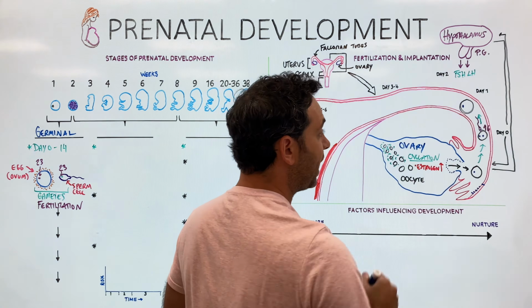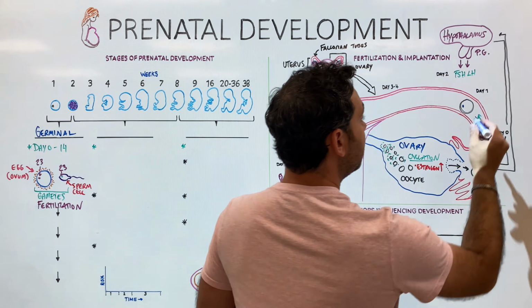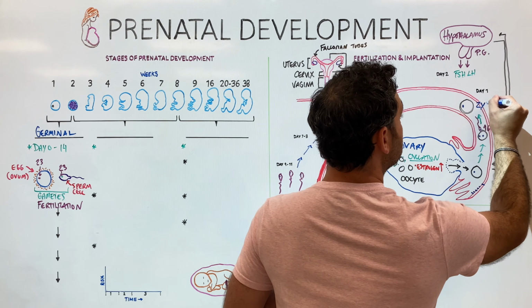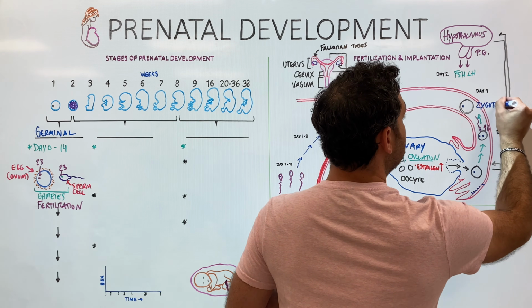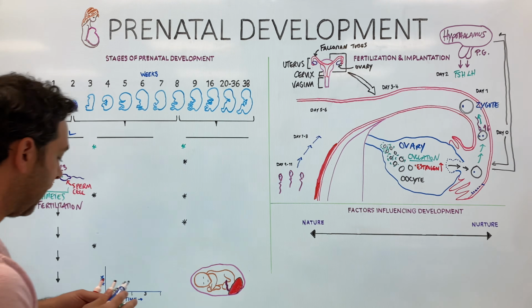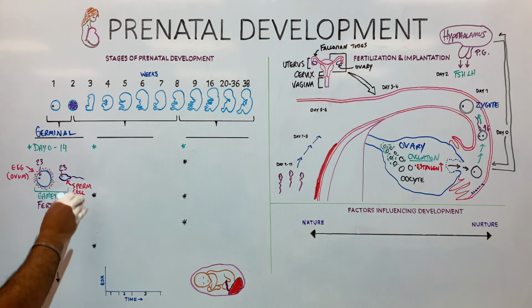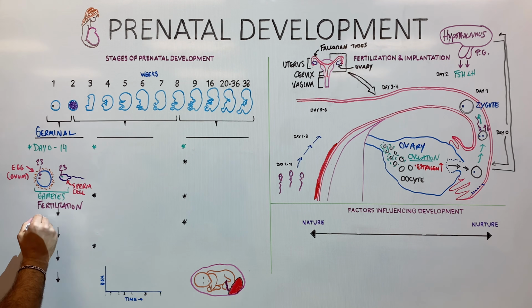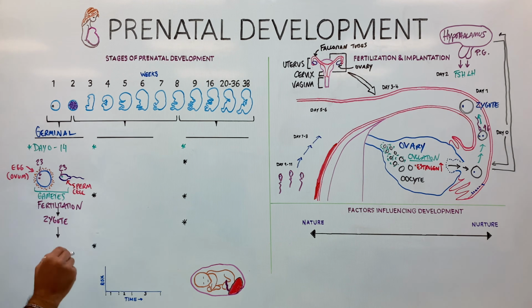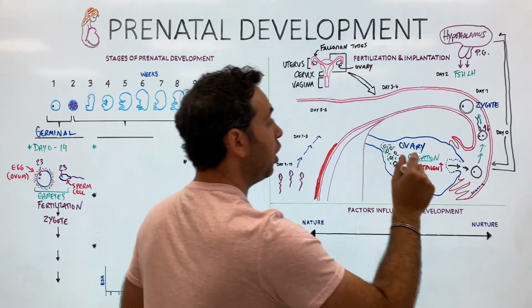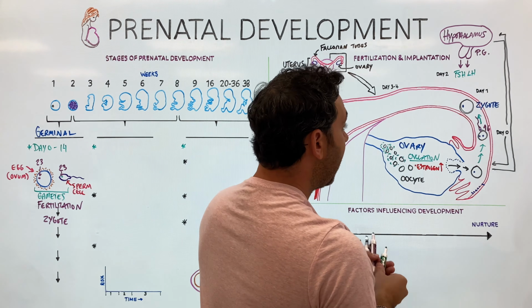And this single cell, do you know what this cell is called? This is called a zygote, okay? A zygote. And this is going to be next on our list of sequences. We go from ovulation to fertilization. We've created a zygote, okay, right here. And this zygote is going to continue on the journey.